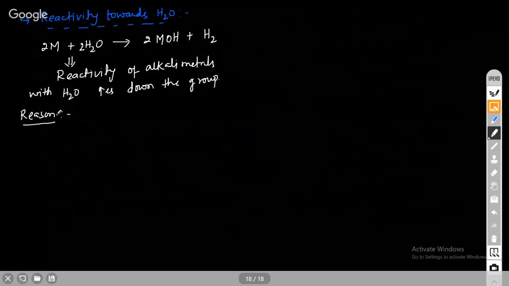The reason can be explained by the kinetics of the reaction.